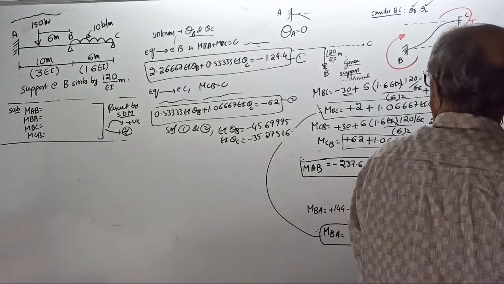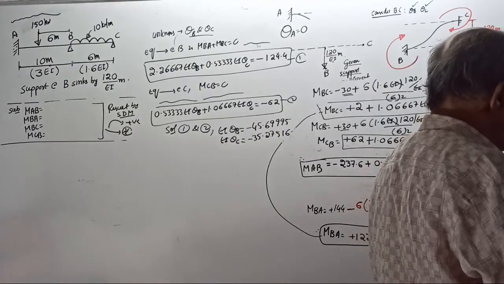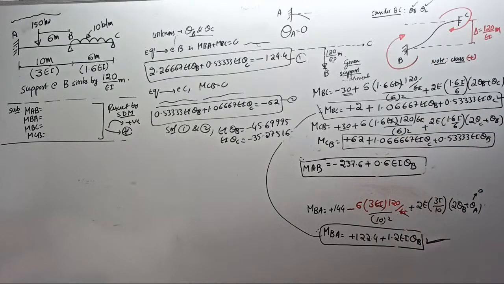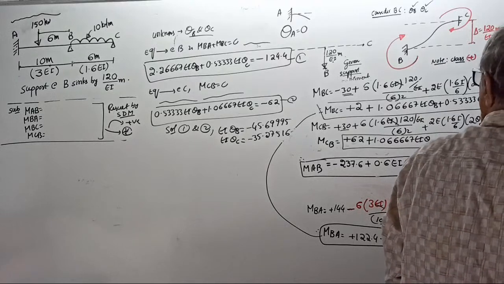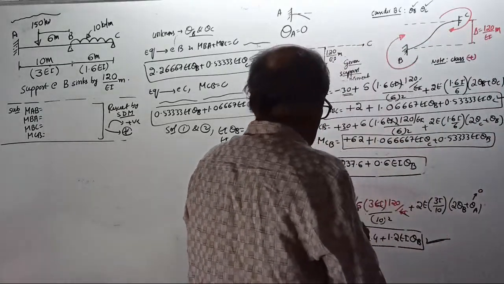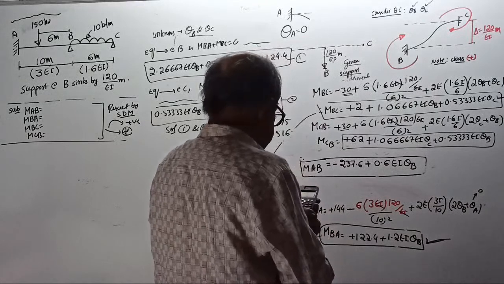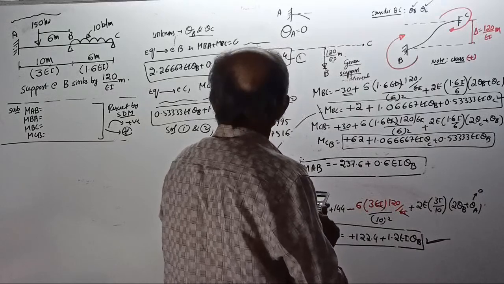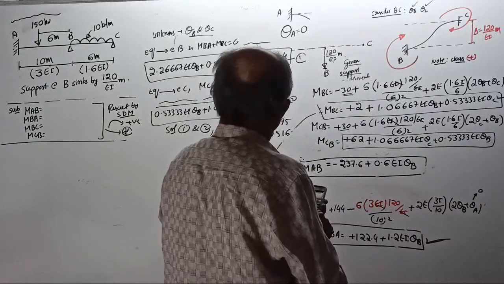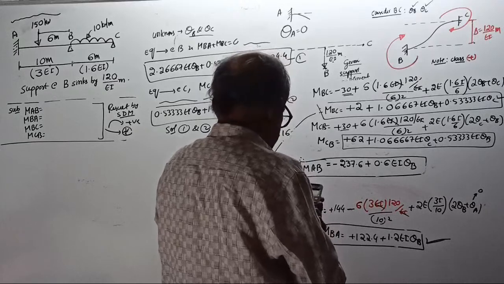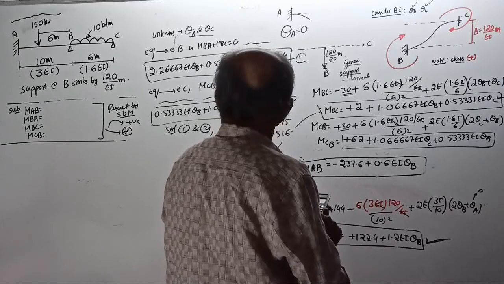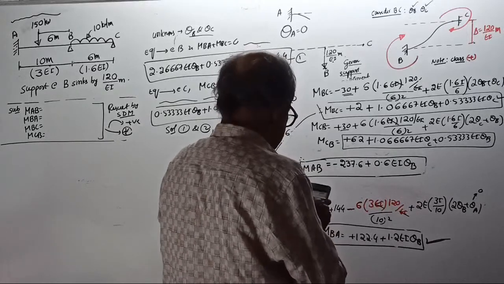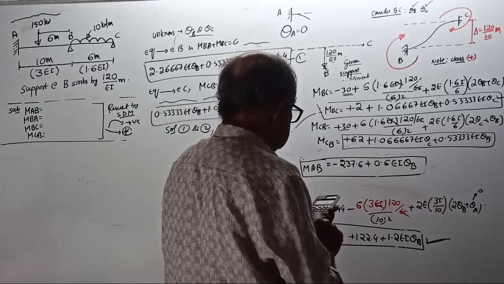46.7, 45 or 0.6? 45.7 I think. 34.34. How is it possible? 2.26667, 0.53333, minus 124.4, 0.53333, 1.06667 and minus 62. 46.